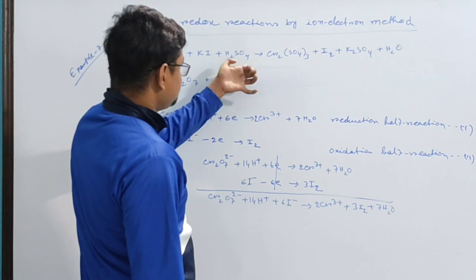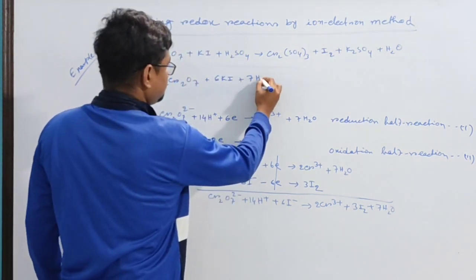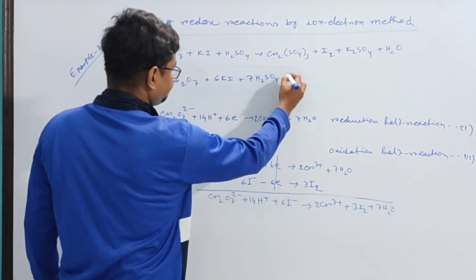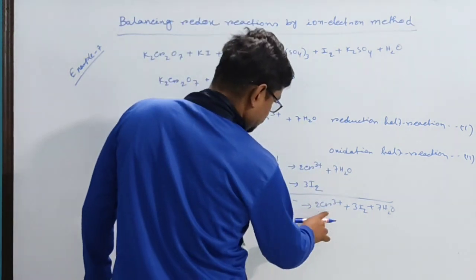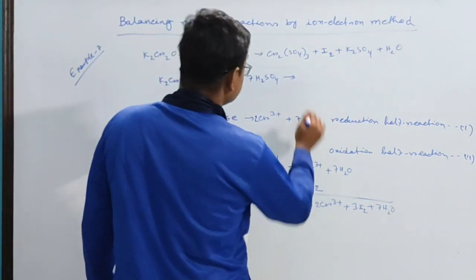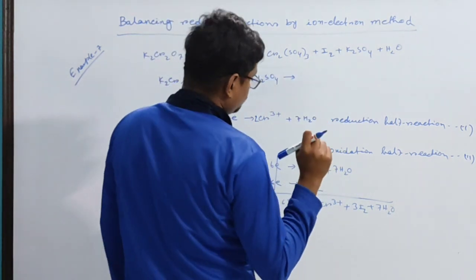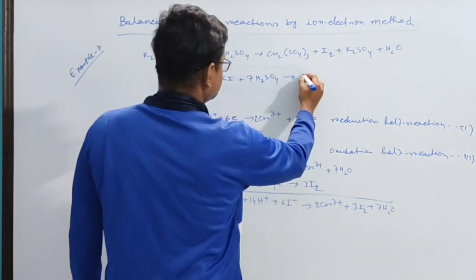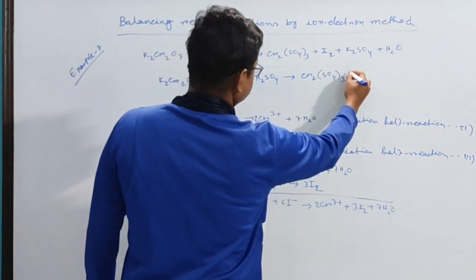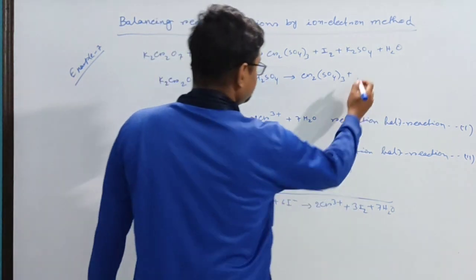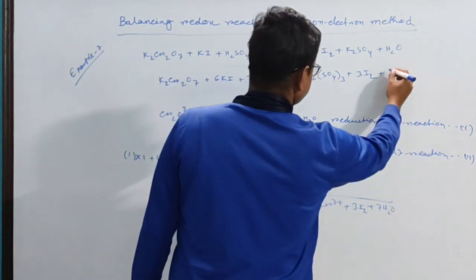Each sulfuric acid needs 2 H plus ions, so this will give 7 H2SO4, which will give chromic sulfate. Each chromic sulfate needs 2 Cr3 plus ions, and 2 is there, so it will be only Cr2(SO4)3 plus 3I2 plus 7H2O.